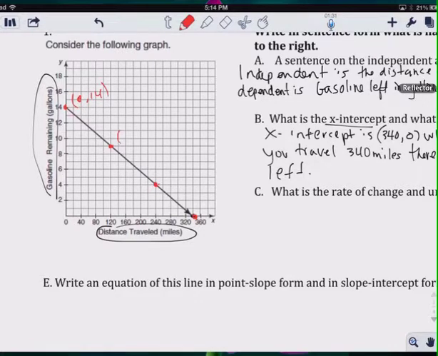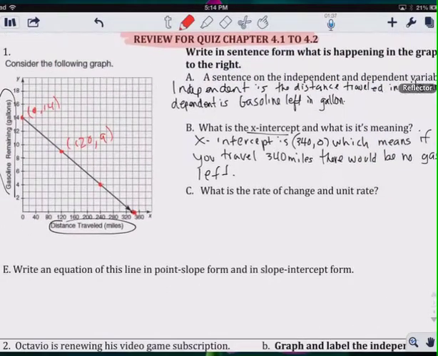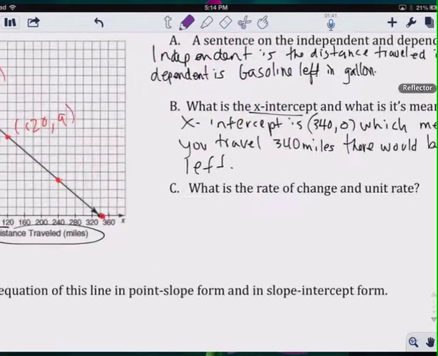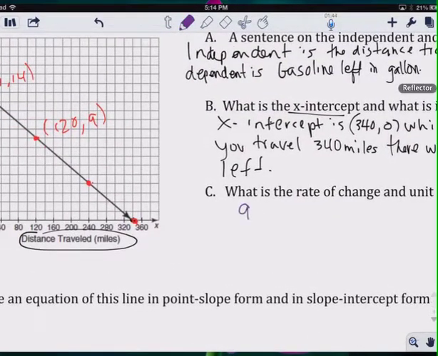And here, 120 and 9. 120 miles, 9 gallons of gas. So rate of change is 9 minus 14 over 120 minus 0, remember, it's y2 minus y1 over x2 minus x1. Rate of change is slope.